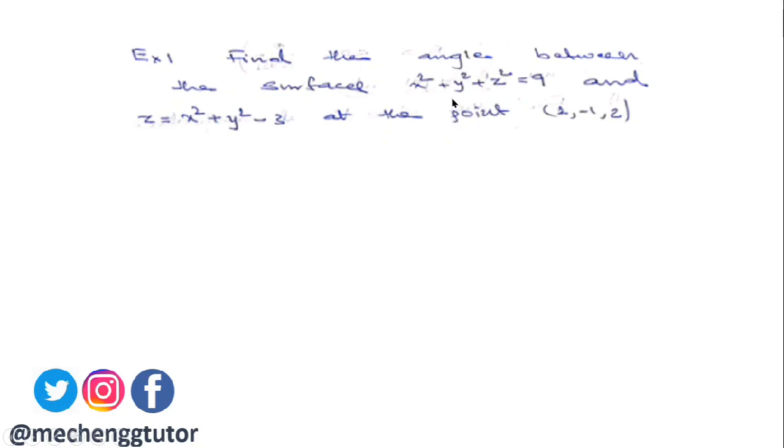Friends, here two surfaces are given and a common point is there, and we have to find the normal to the first surface at this point and the normal to the second surface at this point. The angle between the two normals to these two surfaces is defined as the angle between the two surfaces.